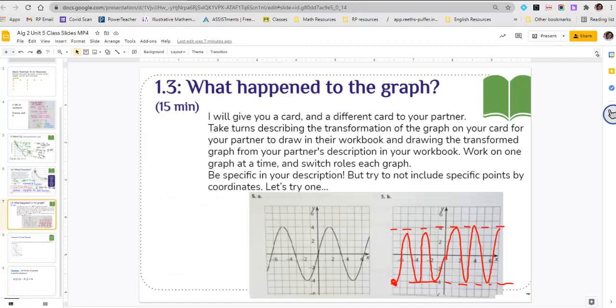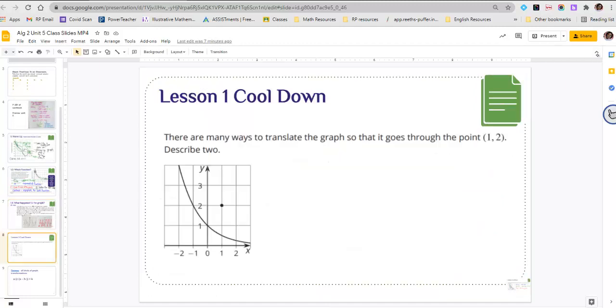Now for a cool down, to match this up together, we did this in class, I just forgot to record it. How many ways we can translate this curved graph so it goes through point 1, 2 like this. And there were lots of different ways that students identified how to do it. One way that a student identified was to take this whole graph and to move it up 1 unit and then to the right 1 unit.